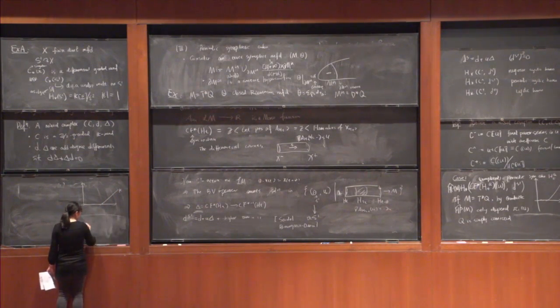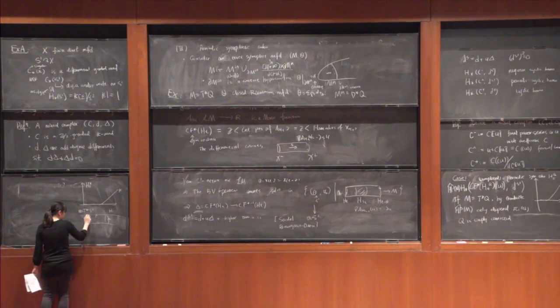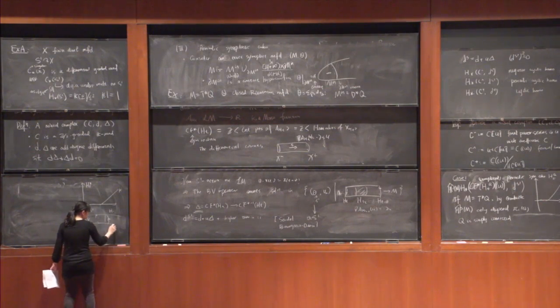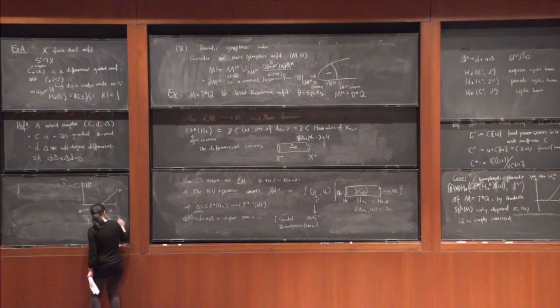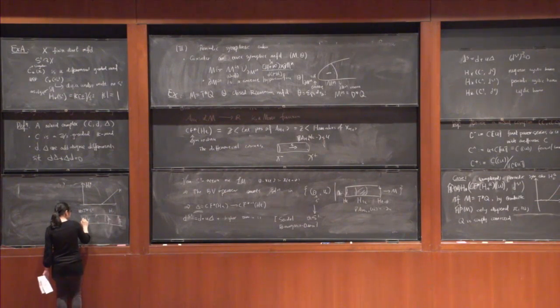So for example, M is just T star S1. The corresponding Hamiltonian orbits you get is that you get some critical point in the interior, but for slope 1, you can arrange things so that you just have 2 closed Hamiltonian orbits, and then for slope 2, you just have 2 of them.